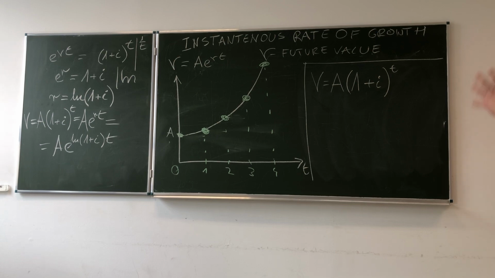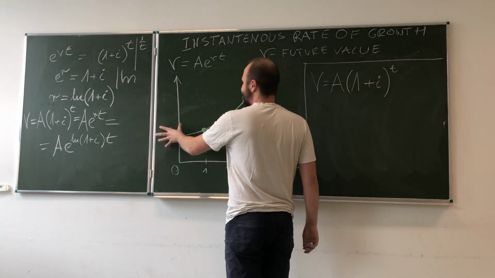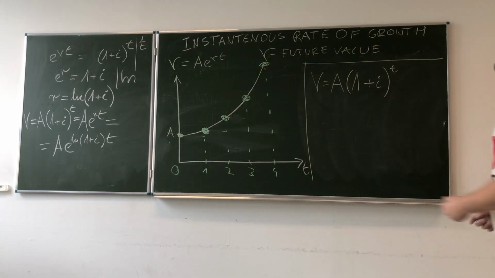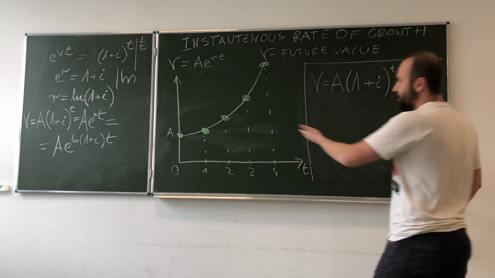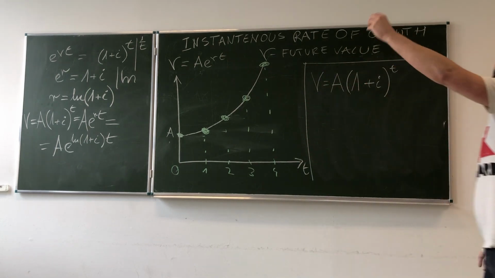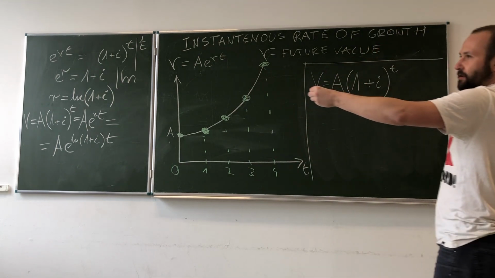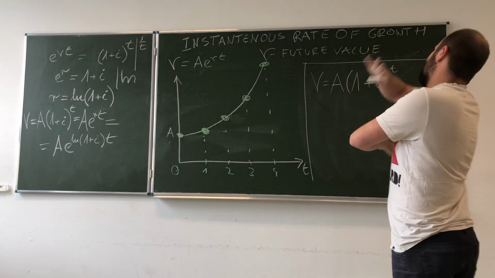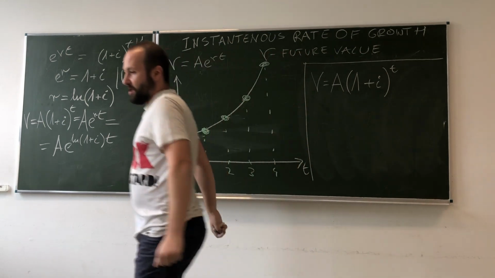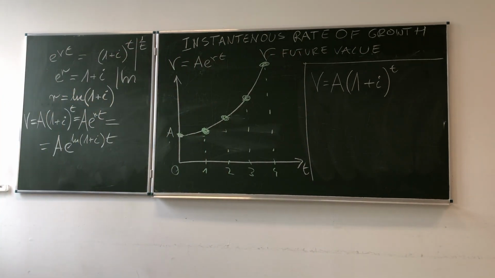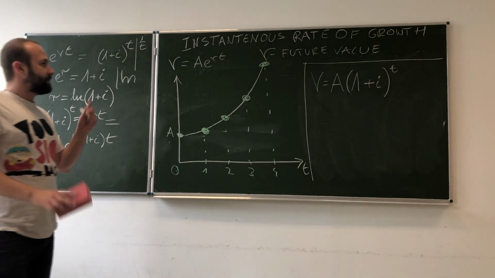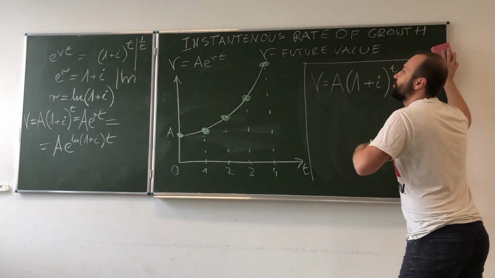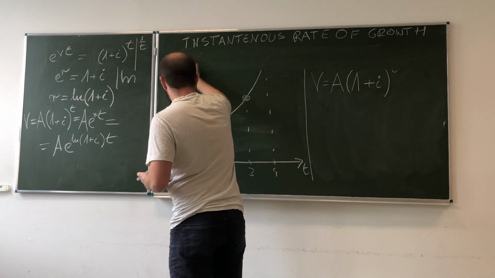Future value means we have some amount of money, A, and we put it into a bank, we invest it in something, and based on the function we've got here, we are able to obtain what will be the value of our amount of money, let's just say, in the future, right? But this is not the only problem you need to deal with when you're thinking about money.